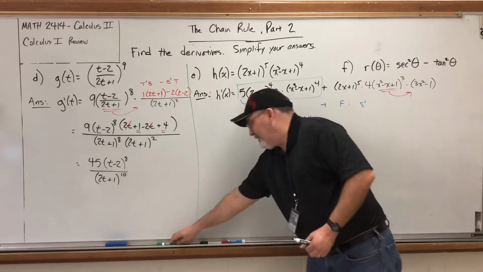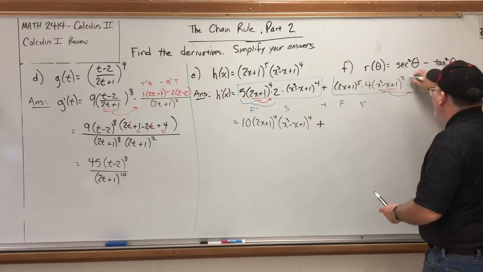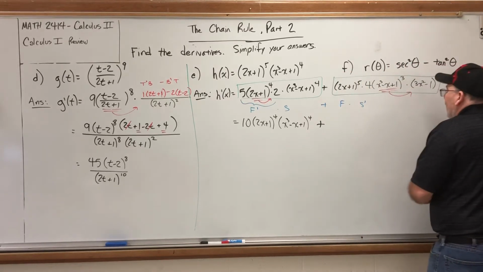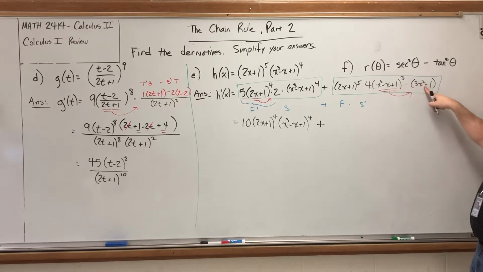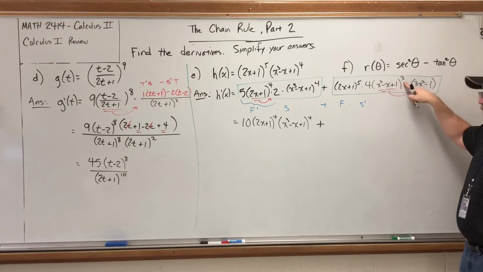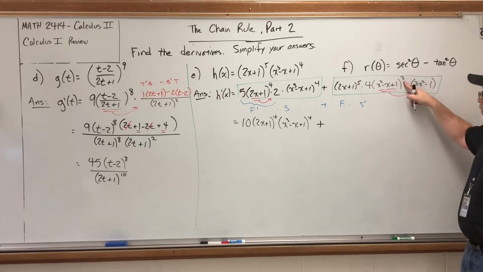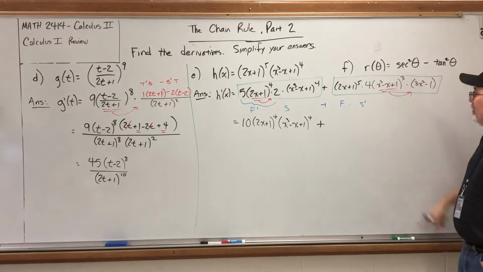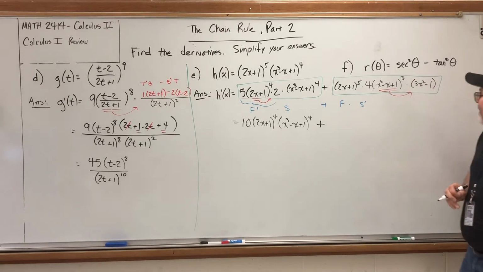Plus, if we clean up the second half of this, I don't think there's really anything we can clean up. I guess we could distribute this 4 across here. You can't distribute it across here because of the power. Remember, please excuse my dear Aunt Sally, the exponent would have to occur before the multiplication. But I could commute this 4 over here and distribute it across there, but I don't see a benefit to that either.